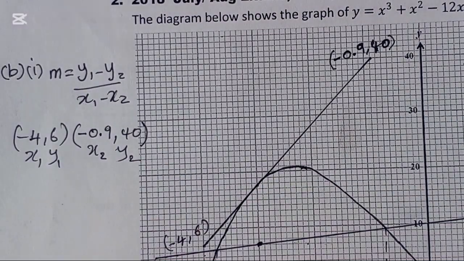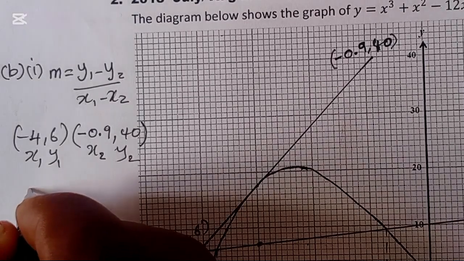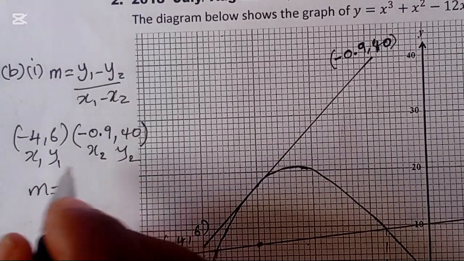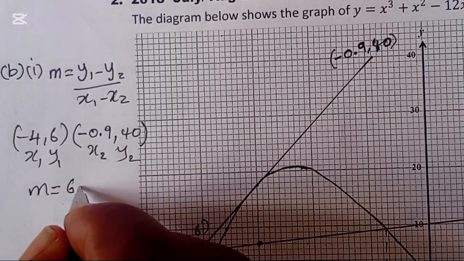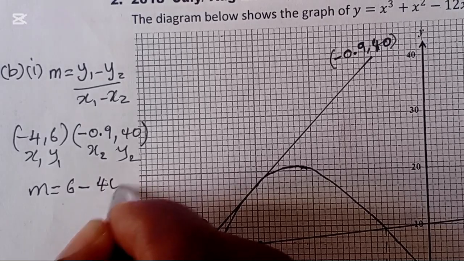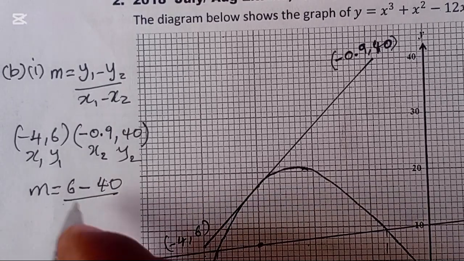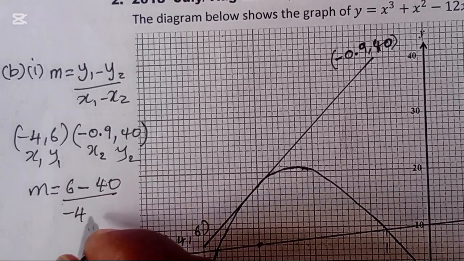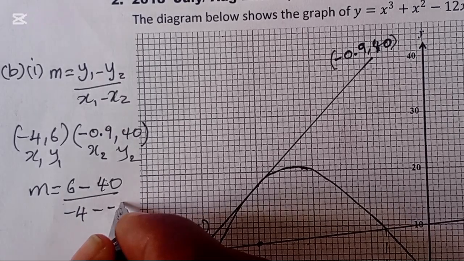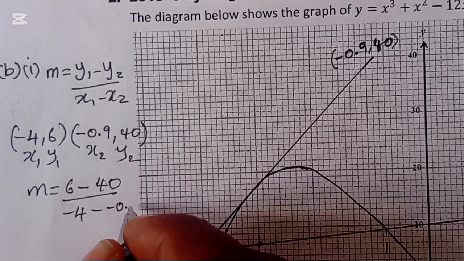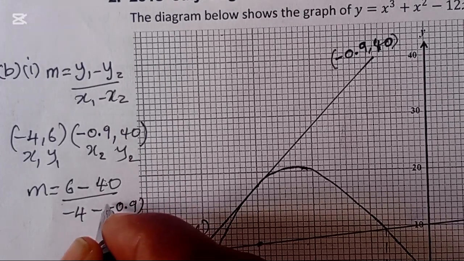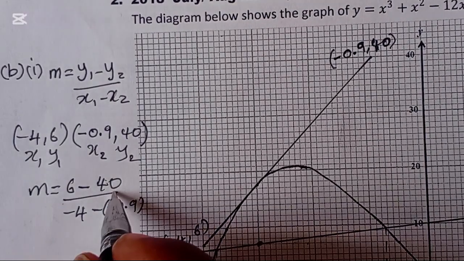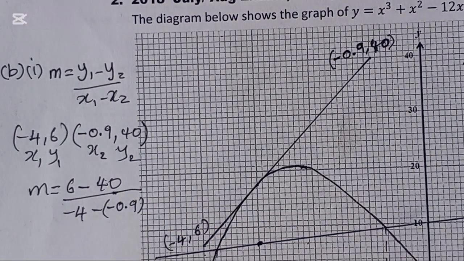So now I'll substitute in the equation. Gradient is equal to y1, which is 6, minus y2, 40, over x1, negative 4, minus x2, negative 0.9. So that is our x2.